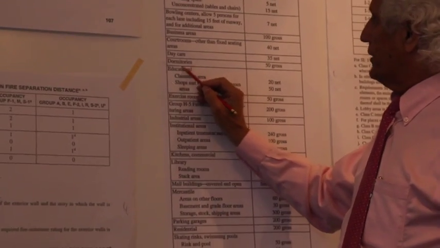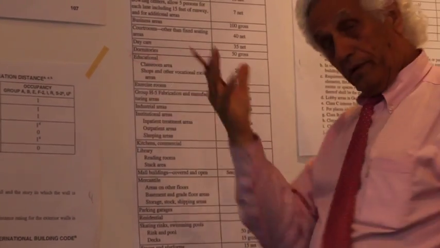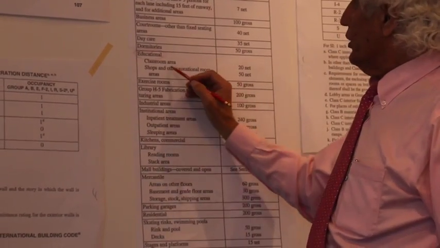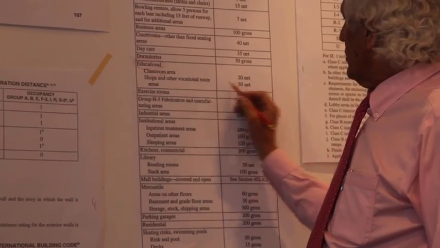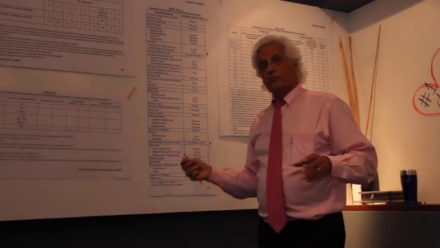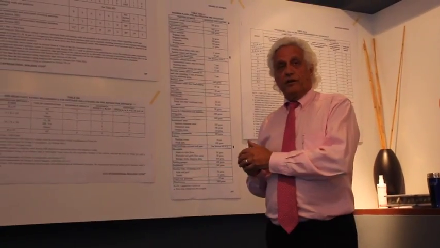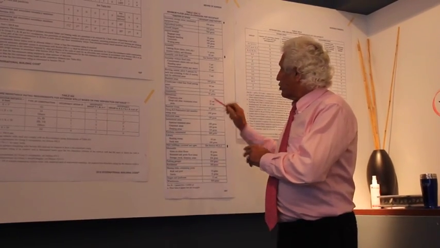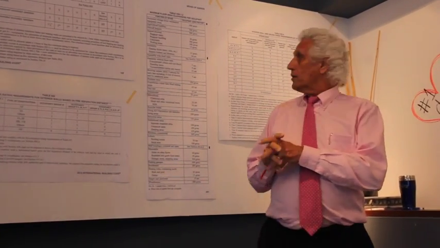By example, in educational spaces, which would obviously be Lawrence Tech, in classrooms, there is one person for every 20 square feet of floor area. So it's easy enough to design a classroom, compute the floor area, and determine the number of people in that area.